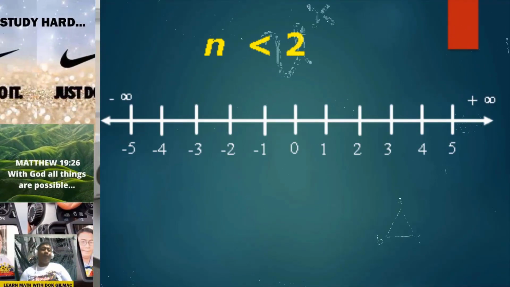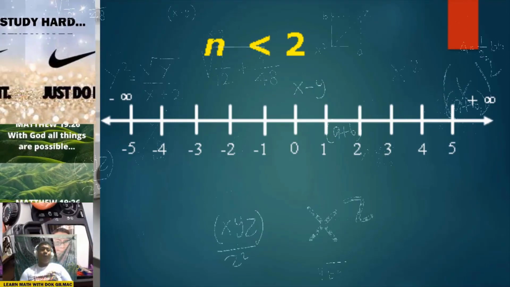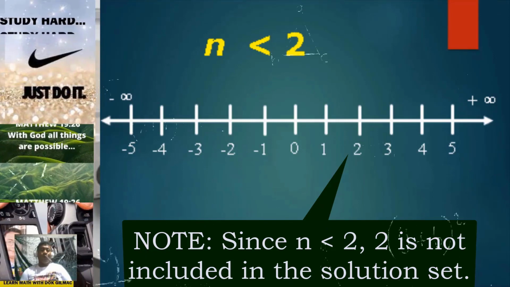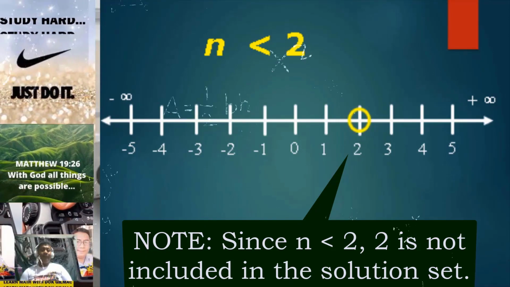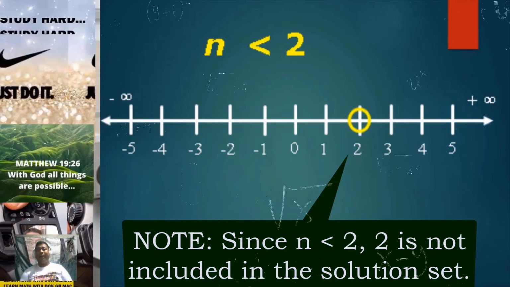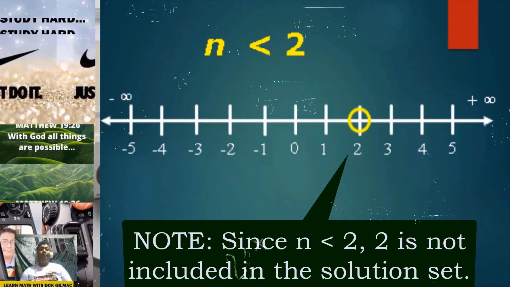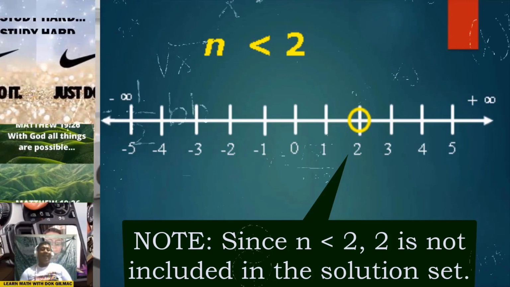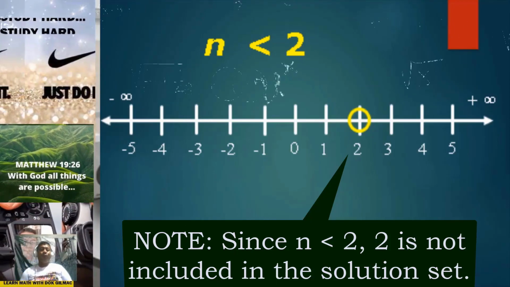Take note, we're going to draw an open circle at 2, and we're going to draw a line segment to the left of 2, since n is less than 2.